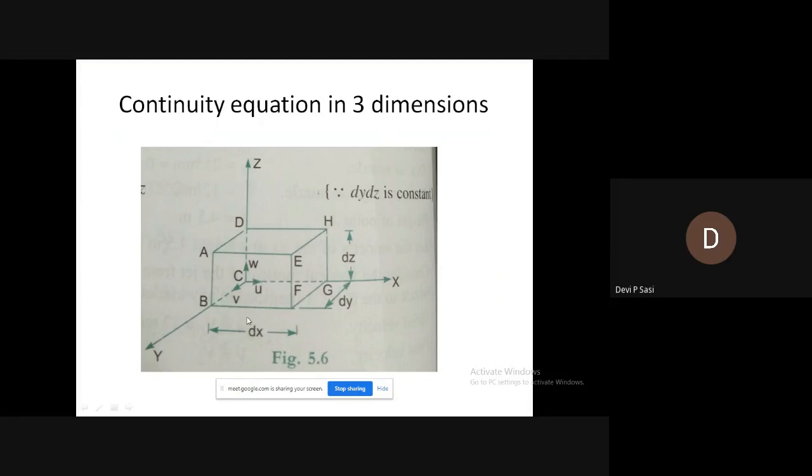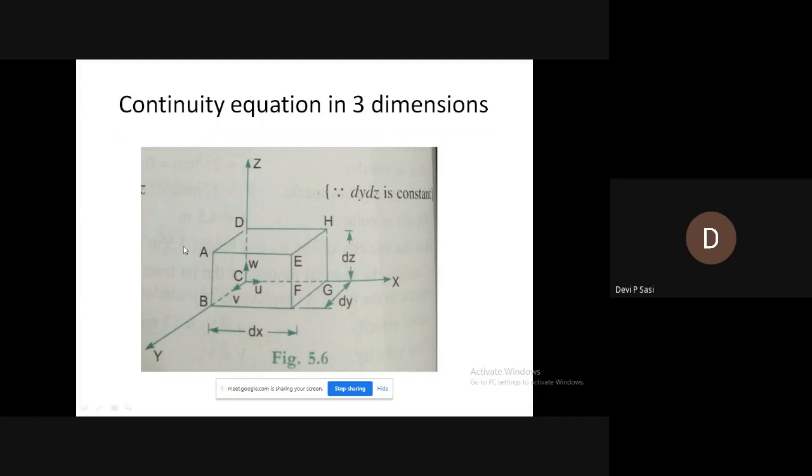Is that clear? The lengths of the fluid element in x, y and z directions are dx, dy and dz respectively.